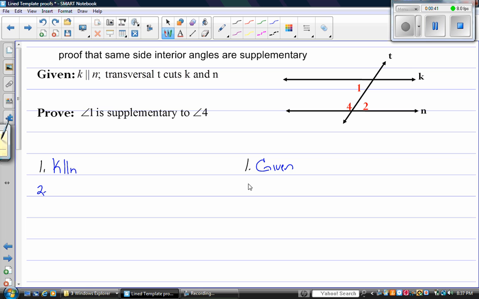Step 2, if I know K is parallel to N, this is where we're going to use that theorem that alternate interior angles are congruent. Okay? And we can use that here in this proof because we've already seen that theorem in class. So I'll say angle 1 is congruent to angle 2.